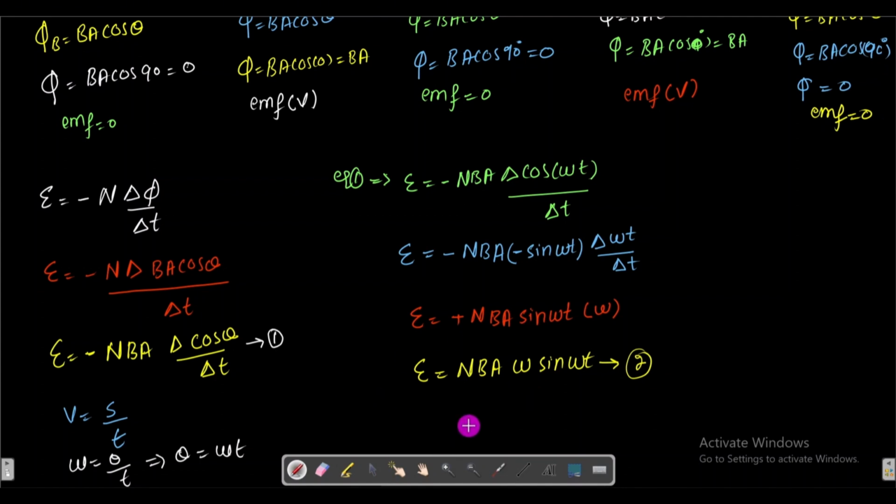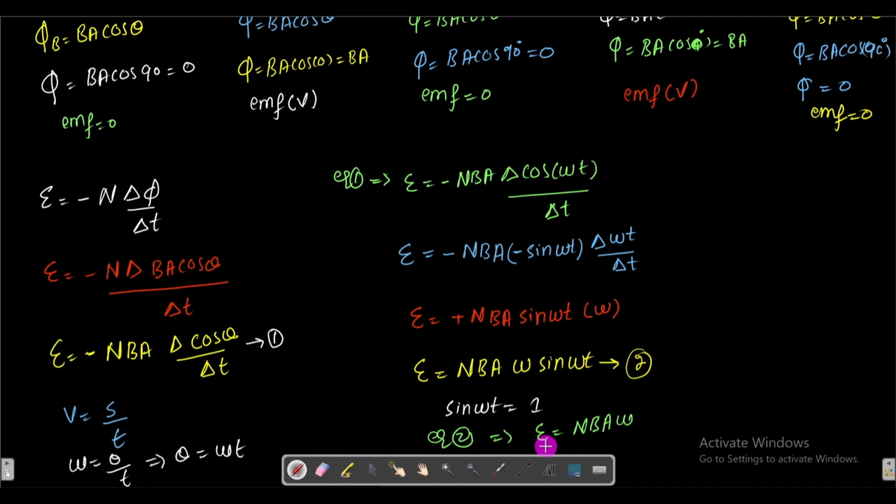Now for the maximum electromotive force, sine omega t will become 1. If it becomes 1, in this case equation 2 becomes electromotive force is equal to N B A omega, and sine omega t becomes 1.